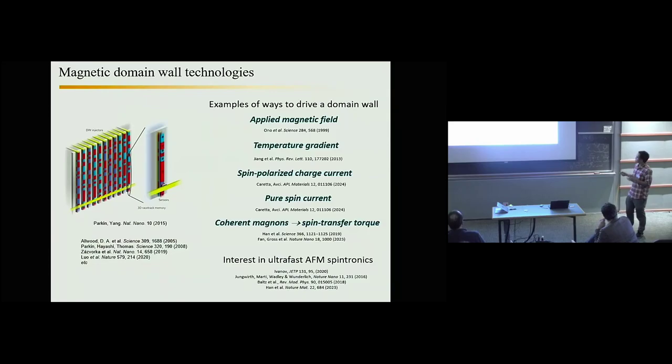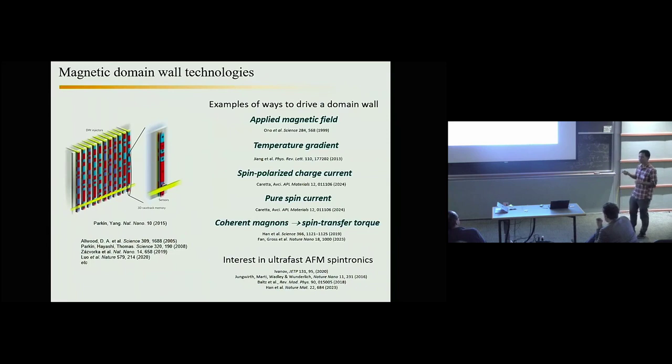And this is a sampling of some of the major mechanisms that have been investigated, including applying a magnetic field, applying temperature gradients, driving spin polarized charge currents, and inducing domain wall motion through spin transfer torques, or using pure spin currents or Curie magnons to drive magnetic domain walls through mechanisms like spin orbit torques, for example.